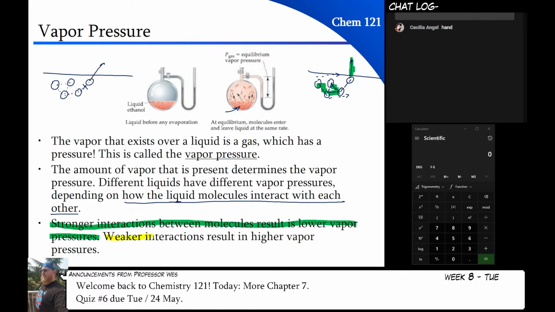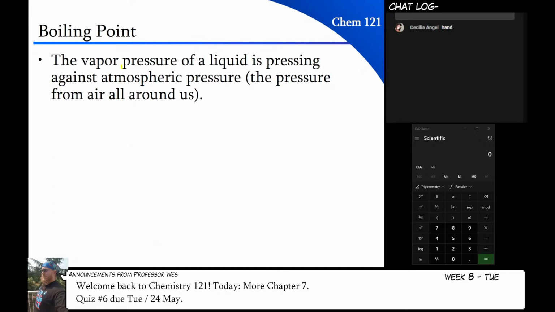On the other hand, if you have weak interactions, your molecules aren't attracted to each other, and they can easily evaporate. Now, what are these interactions? We're going to talk about that in the next section.